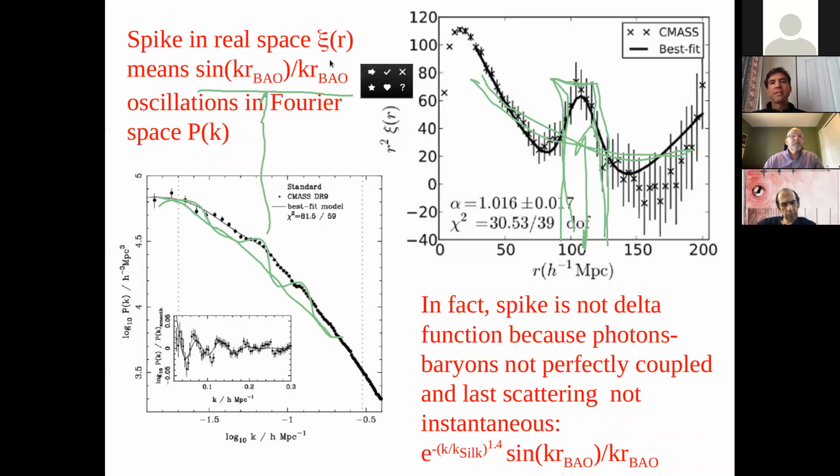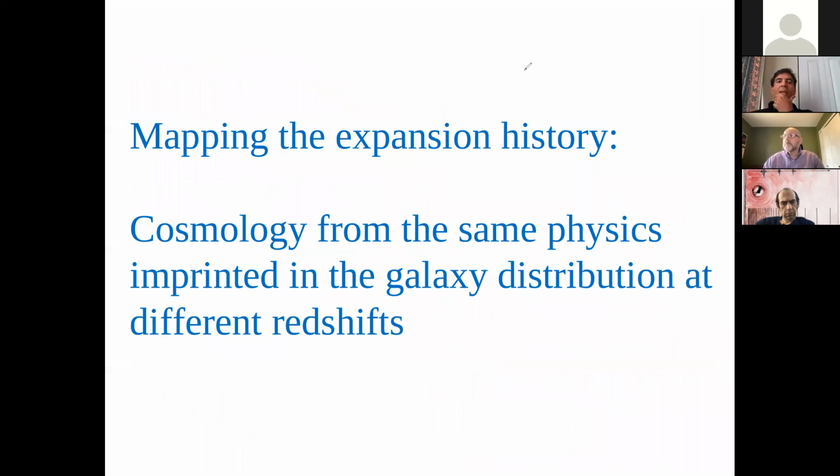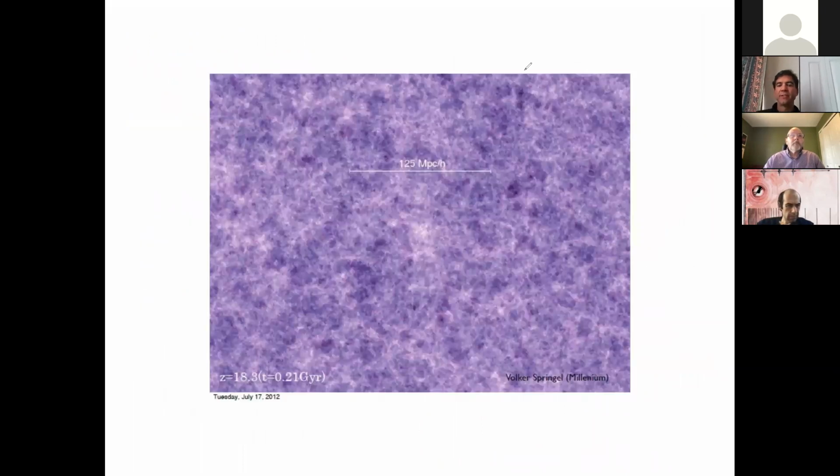And so this is the thing that people use as the standard rod, either the position of the rod or the wavelength of these oscillations, right? Because it's that scale there. Okay. And so this is how you map the acceleration history, okay, by doing this at different redshifts.